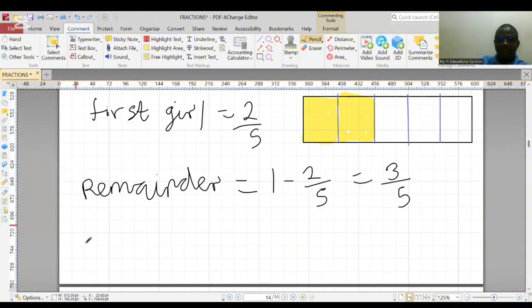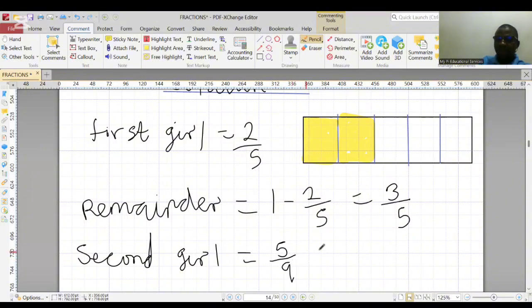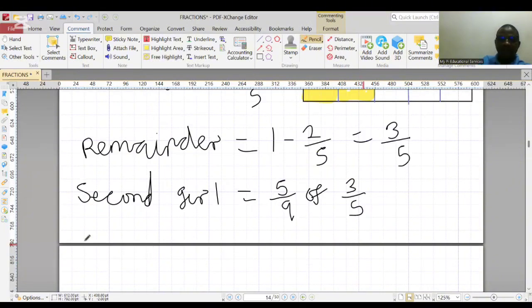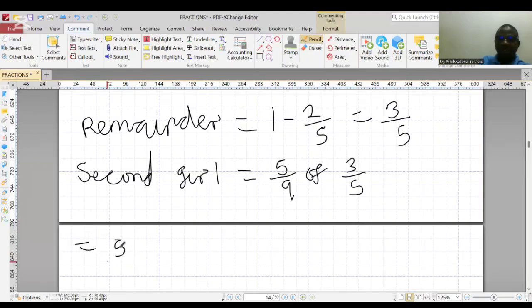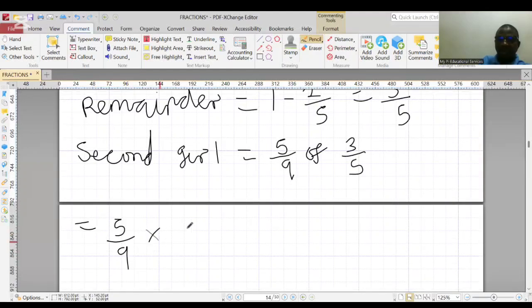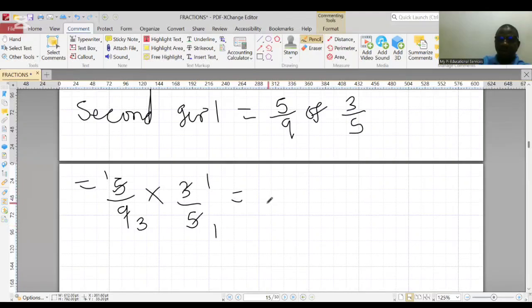Which means the second girl will receive 5 out of 9 of this remainder of 3 out of 5. That gives us 5 out of 9 times 3 out of 5. Of course, 3 can go into 3 once, and 5 can divide 5 once. So the second girl will receive 1 out of 3.